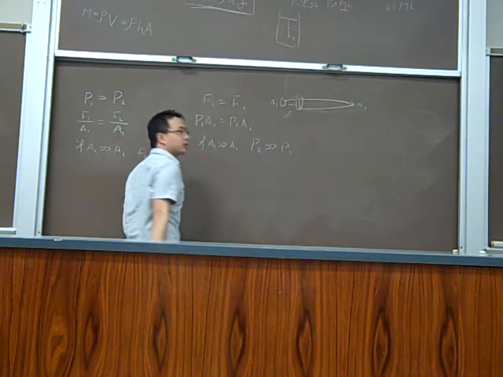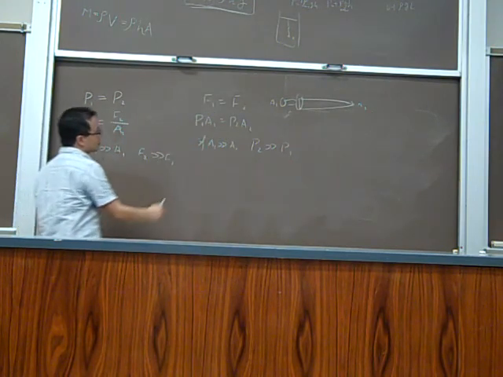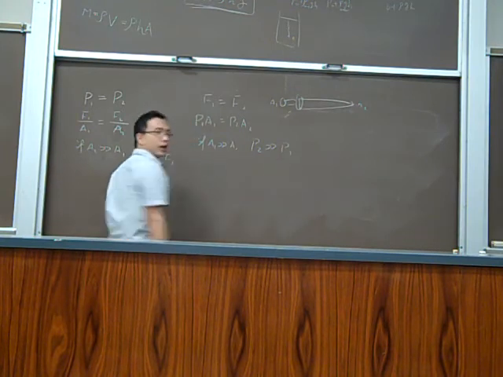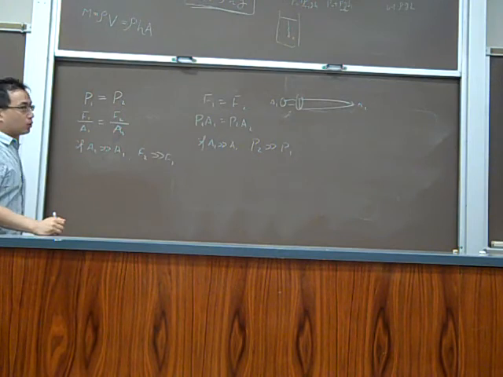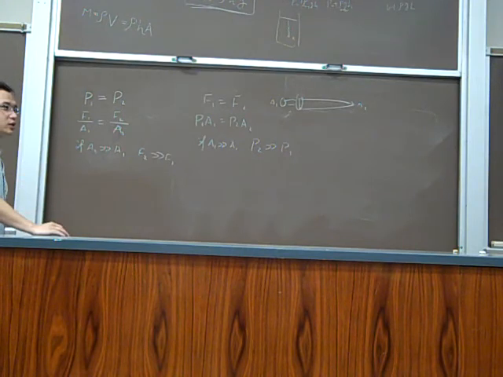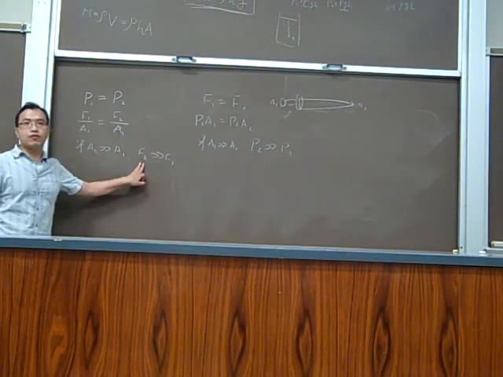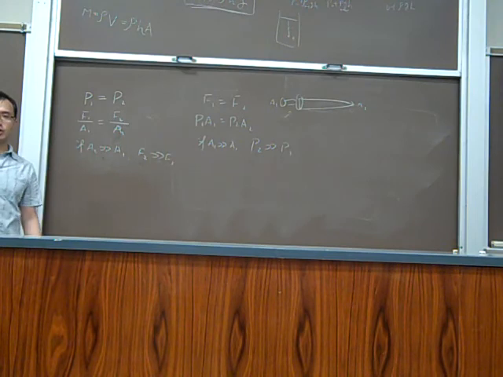So you can produce a large pressure P2 by a small pressure P1. In that case, we need the large pressure to cut through the body, and in the other case, we need a large force to lift an object. Any question here?